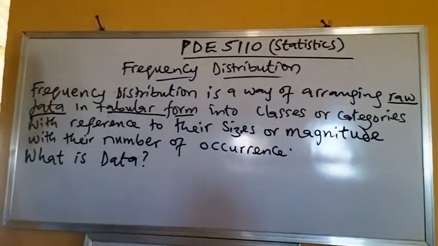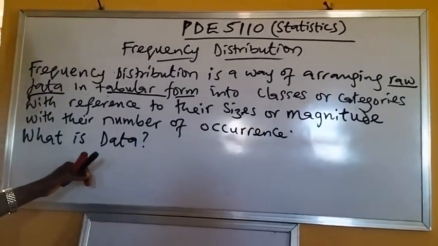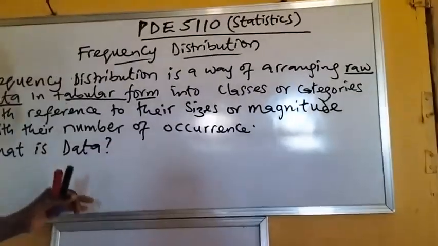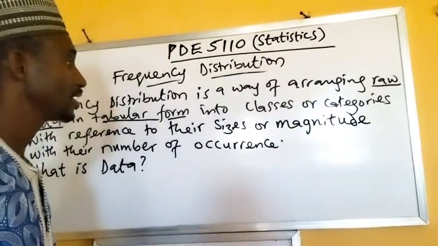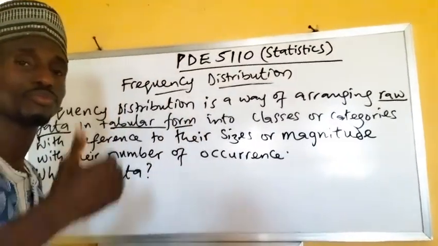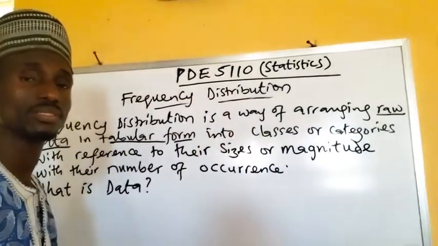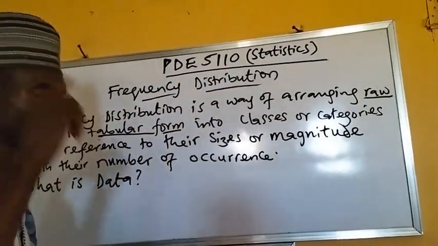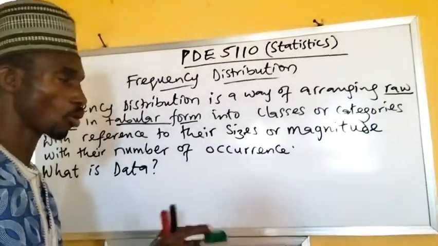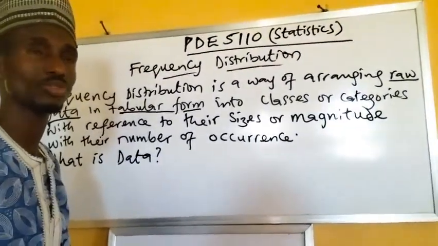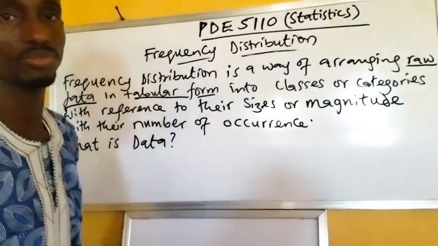In my own definition, I say data is anything or any number that is being collected from the field. It is raw, it is direct. So one is just getting it from the field.